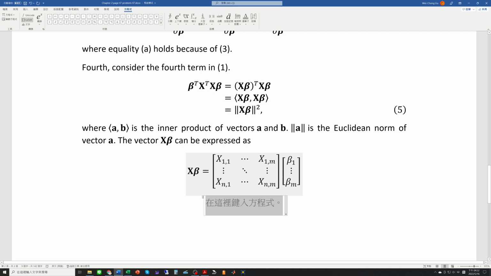Please note that it's an n by m matrix and it is an m by 1 vector. So the result should be an n by 1 vector. So it is equal to n by 1.